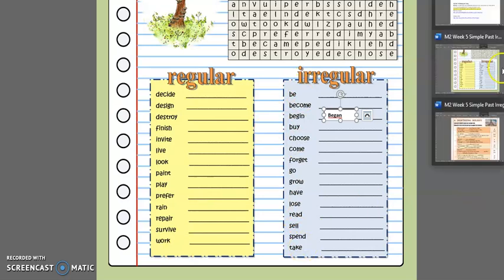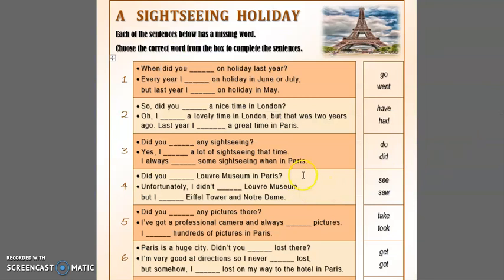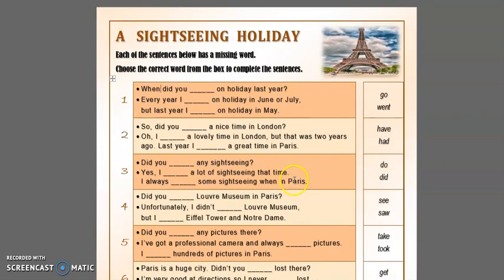Activity number 2. This is a little bit more elaborated activity. A sightseeing holiday. This can be translated like unas vacaciones para turistear. Sightseeing is visiting places which have special locations that are known as touristic attractions.